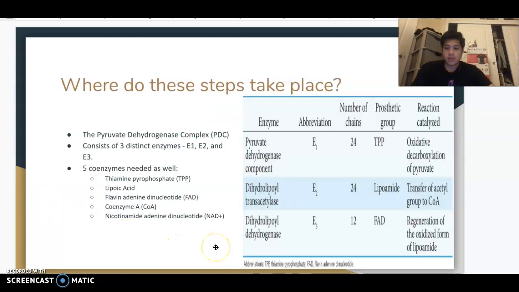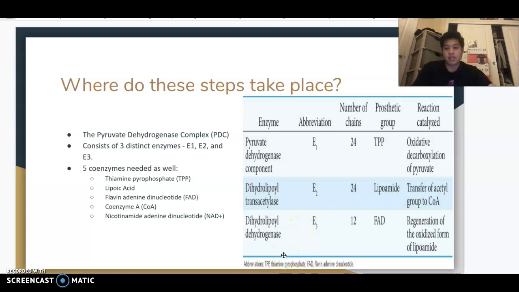So where do these steps of pyruvate oxidation take place? It all happens in the pyruvate dehydrogenase complex, PDC for short, and it consists of 3 distinct enzymes, abbreviated E1, E2, and E3. E1 is the pyruvate dehydrogenase component, E2 is the dihydrolipoyl transacetylase, and E3 is the dihydrolipoyl dehydrogenase.